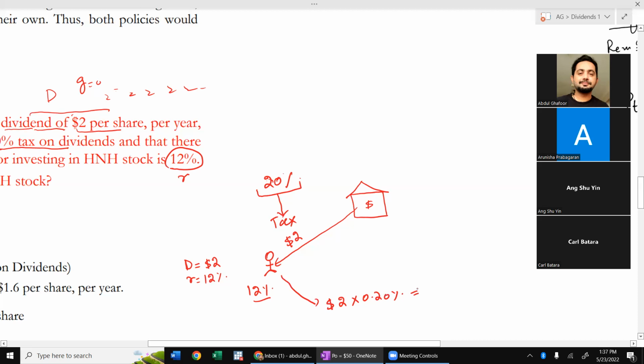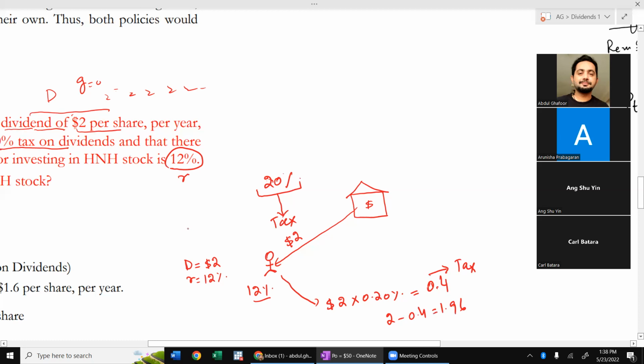What is 20% of 2? It is 0.4, right? So he will pay that as a tax payment. How much is the remaining? 2 minus 0.4 is equal to 1.96.